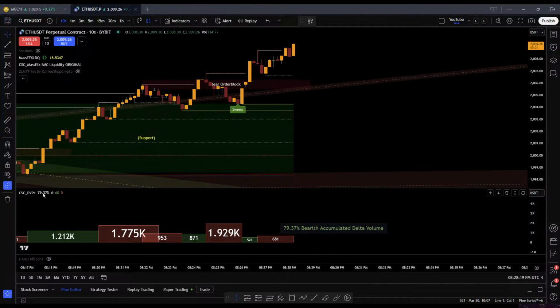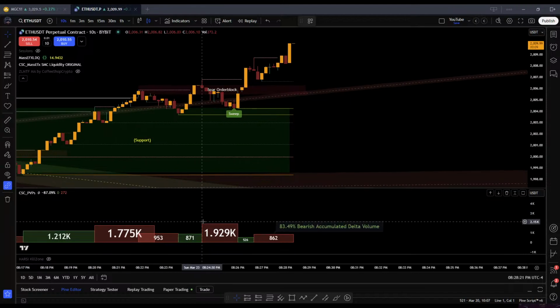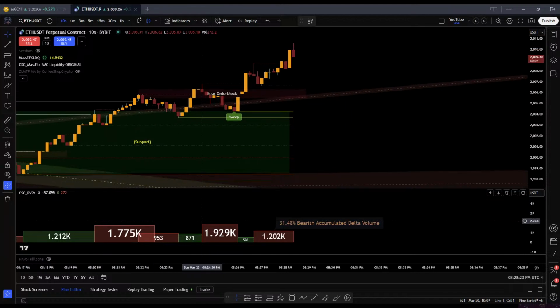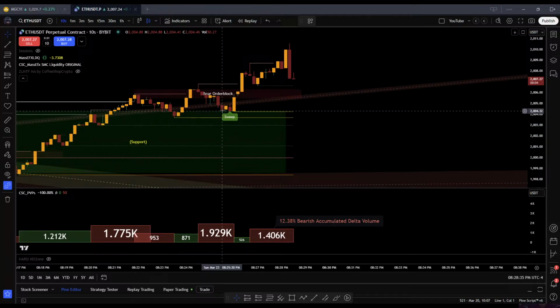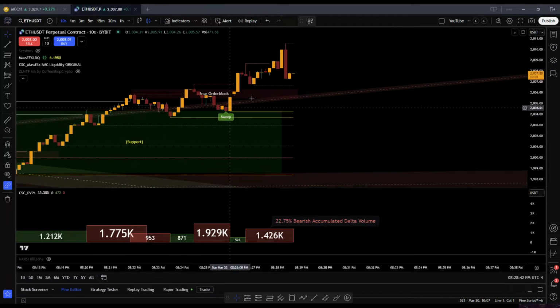If you look at this white number here, right, from the beginning, the bears are using, see, it's minus 87. The bears are using minus 87%. And then it grows and it grows. Then it shrinks, right? And it gets to 100%. At this point, the bears are using 100% of their liquidity to sustain their move. But the main move is uptrend.